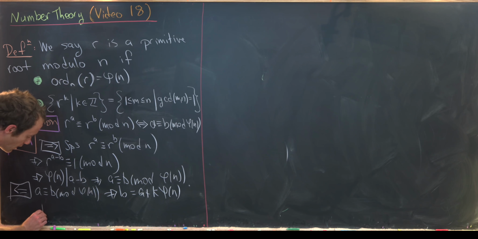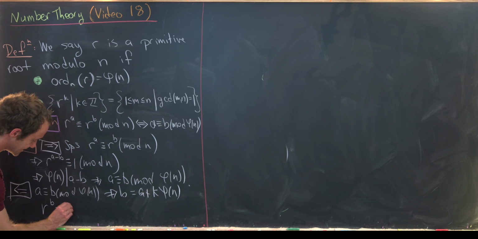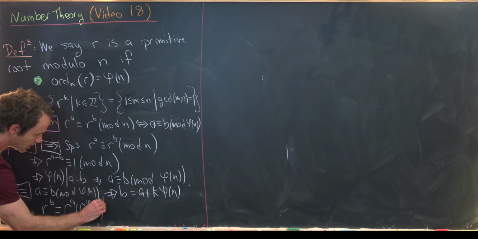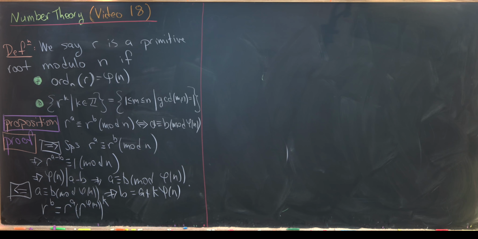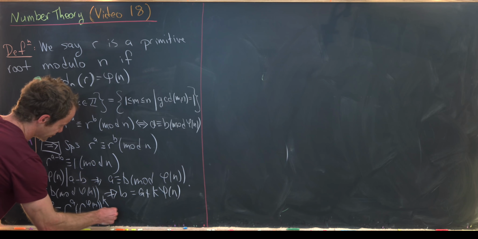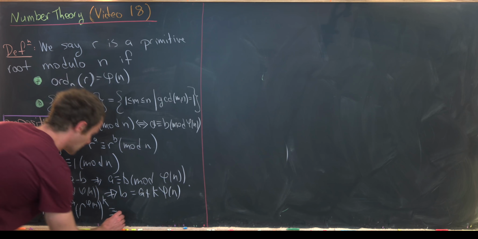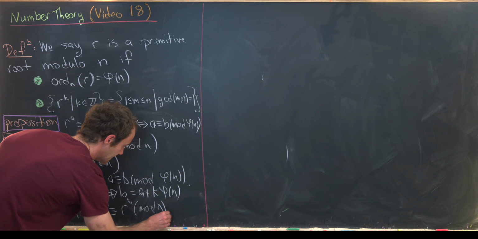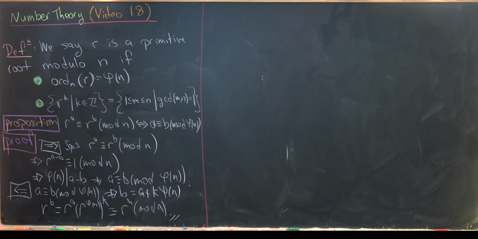And then notice that R to the B is the same thing as R to the A times R to the phi of n all to the k, just using exponent rules. But this R to the phi of n is congruent to 1 mod n, and that's given that R is a primitive root, or just by Euler's theorem, so we know that is congruent to R to the A mod n. So that proves that reverse direction.